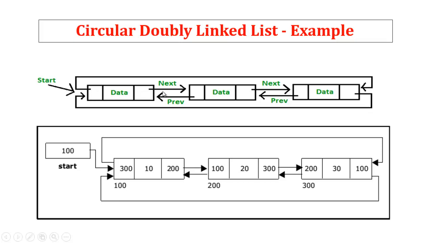The next pointer points to the next node address. Similarly, adjacent nodes are connected to each other. The previous pointer points to the previous node address. Here, this is node 3, and node 3's previous field points to the previous node address.